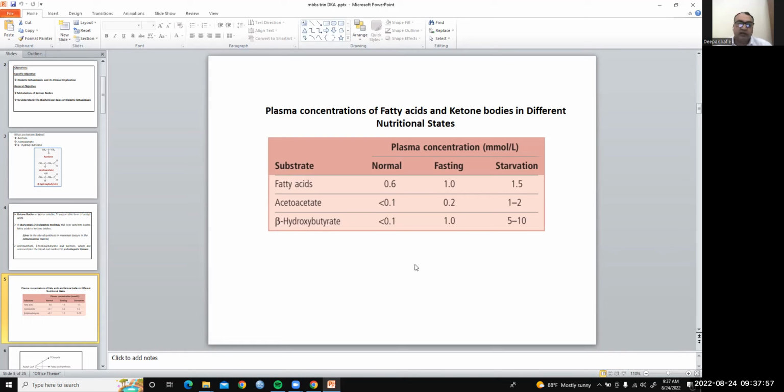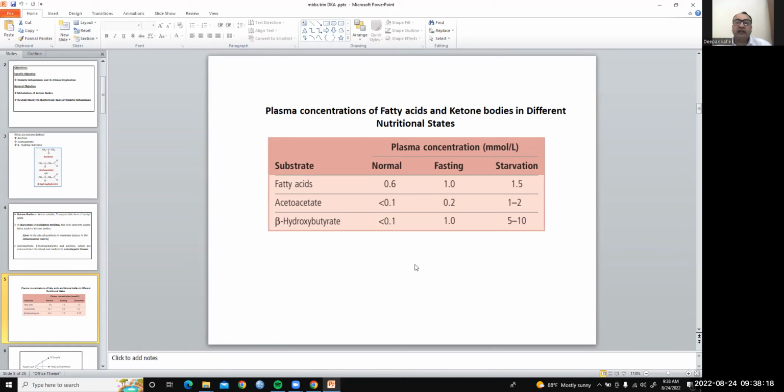Similarly, the concentration of beta hydroxybutyrate also varies according to the nutritional status. In normal status, it is less than 0.1 millimole per liter. In fasting condition, it is 1 millimole per liter, and in starvation, it is 5 to 10 millimole per liter.